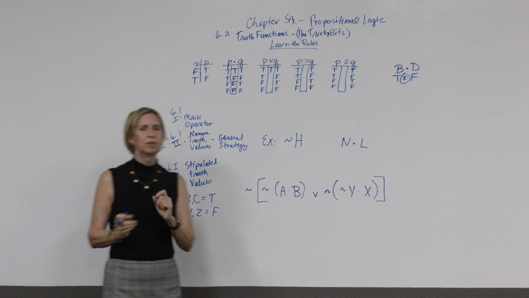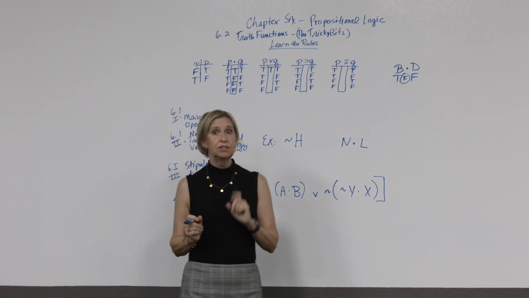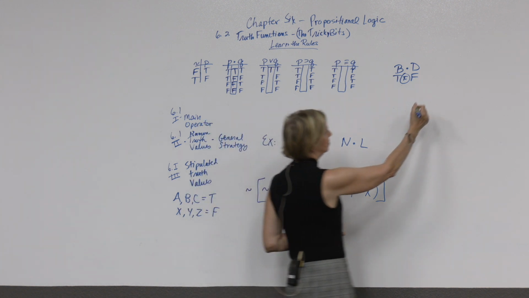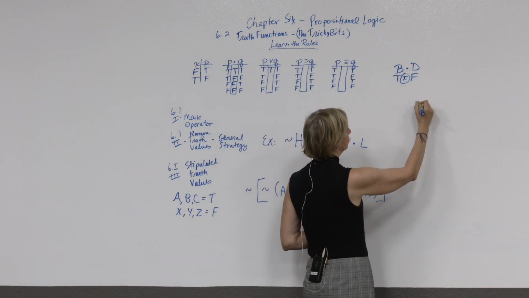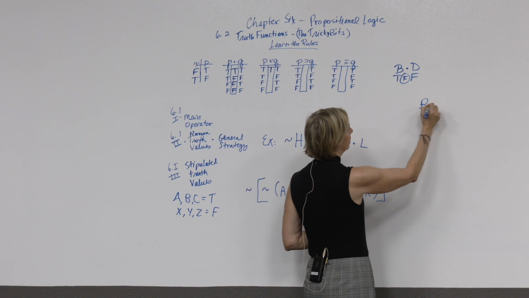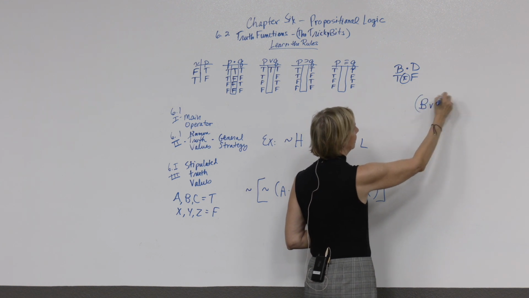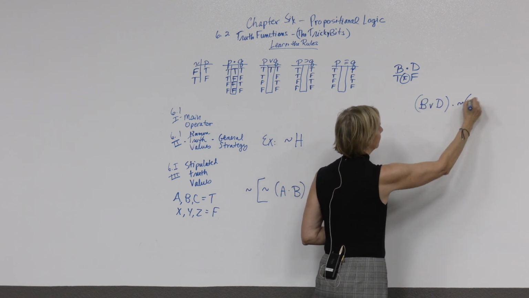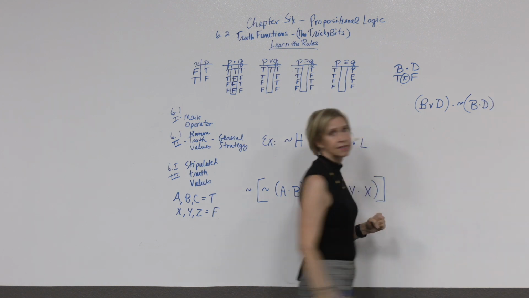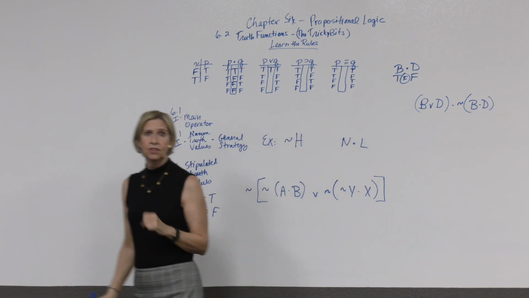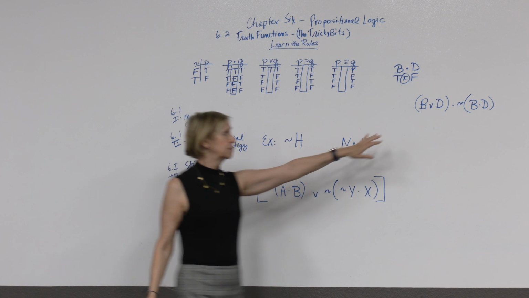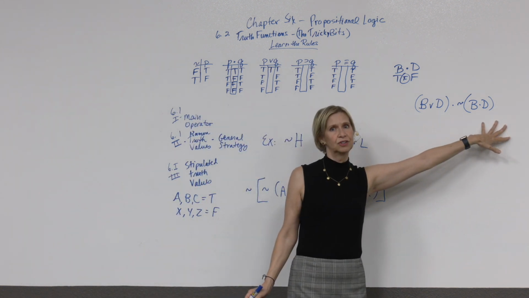If I want to symbolize in logic that it's an exclusive or, you would have to say something like, Joe Biden or Donald Trump is president, and it's not the case that both are president. Okay? So keep in mind the exclusive or has much longer symbolization.